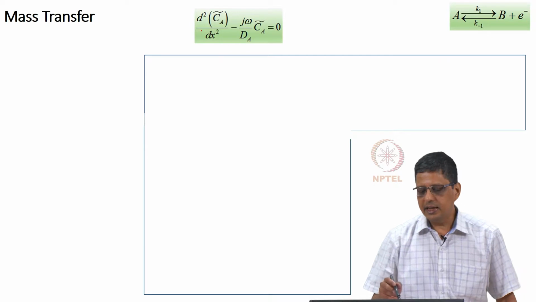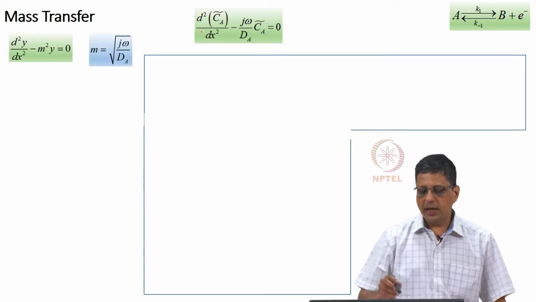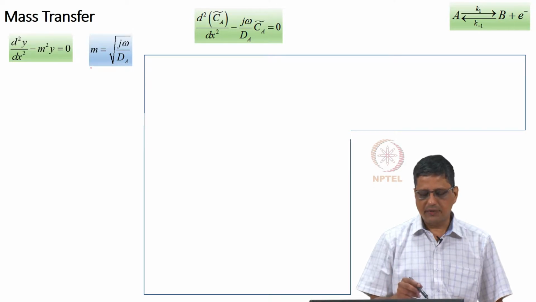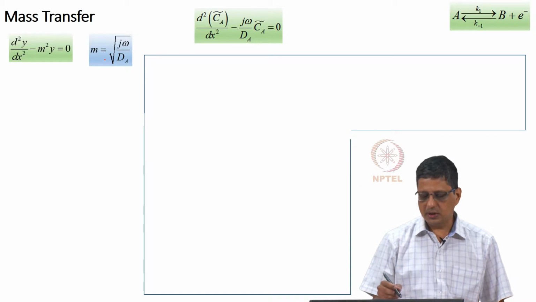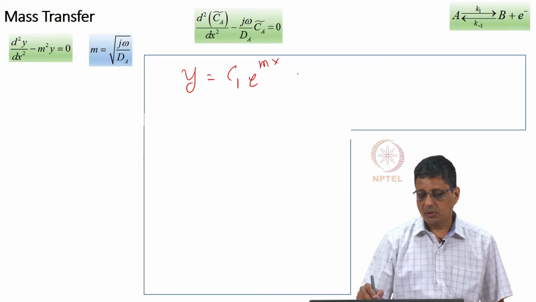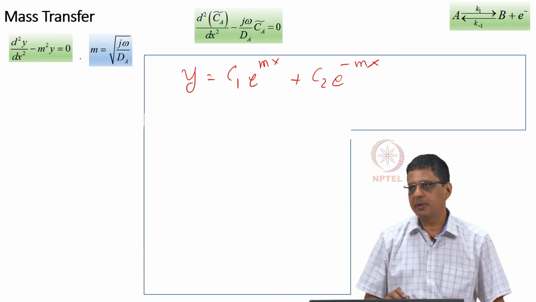So, what we get is a simple second order ordinary differential equation. We can write the auxiliary equation. We know how to solve this. This has two roots, plus or minus m.